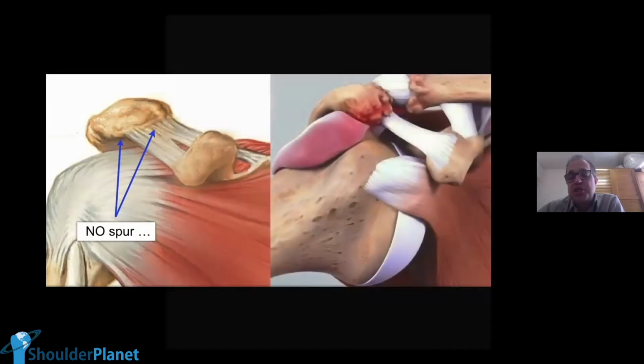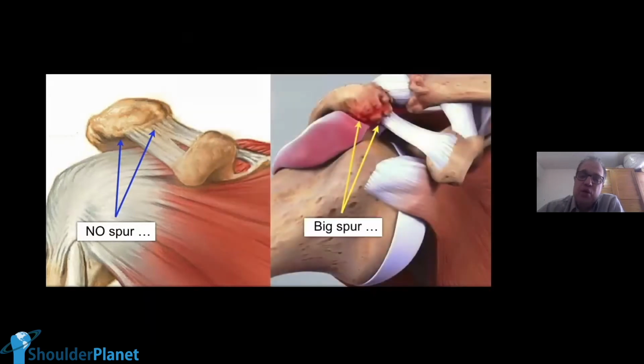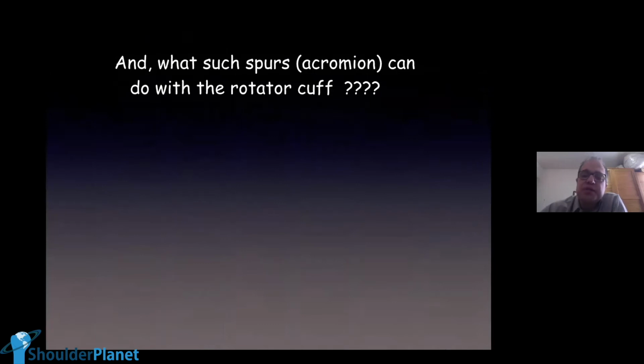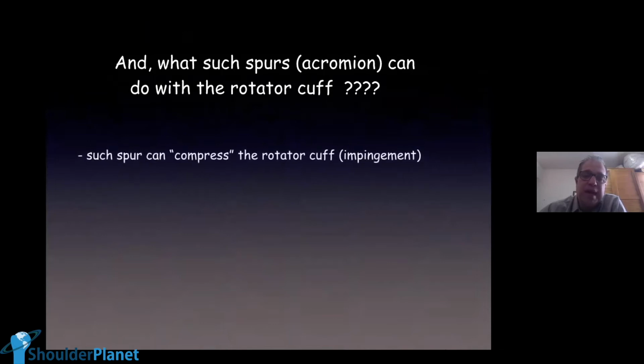And this is a right shoulder with a spur, a completely different scenario. On the left side, no bone is going to bother the tendon. On the right side, this hooked bone can really bother the tendon. And such spurs over the shoulder, in front of this bone which we name the acromion, can compress the rotator cuff, and this is why we call it impingement.